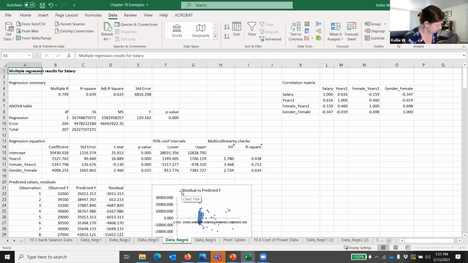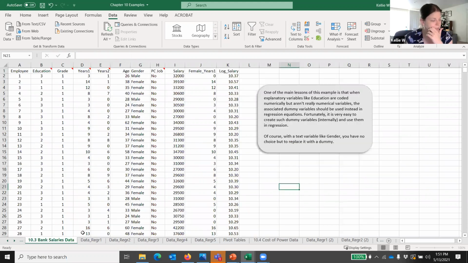Okay, so let's talk about some of these variables. The example is pretty long, so you can go back and read through them, but some of these variables, like PC job, don't really make sense for what we're trying to predict. So when you are considering variables, you need to consider whether or not that even makes sense.